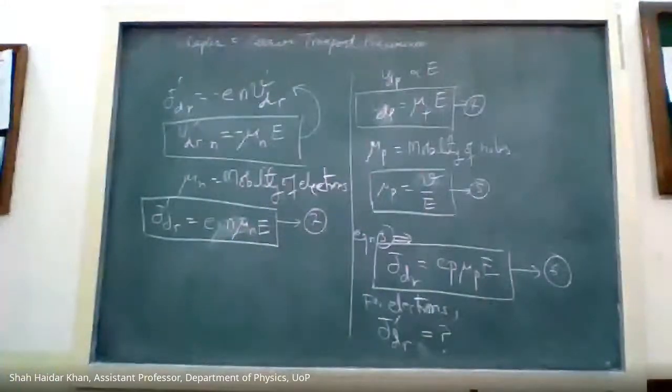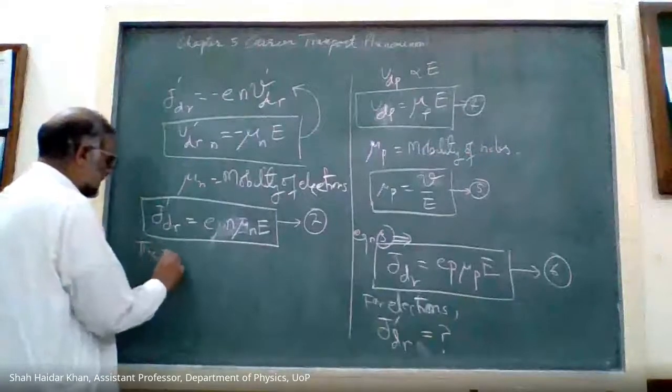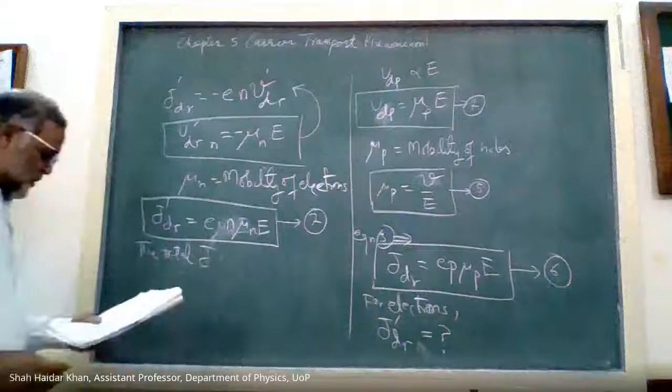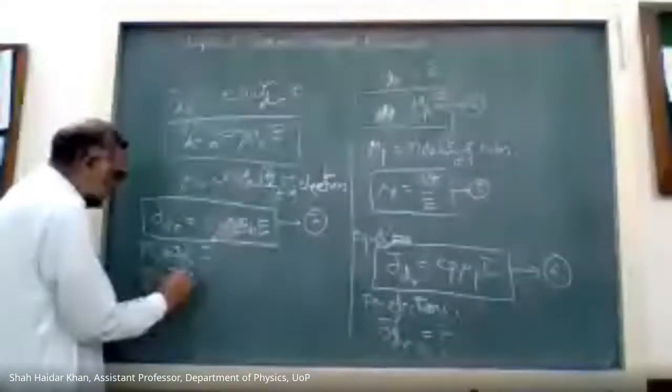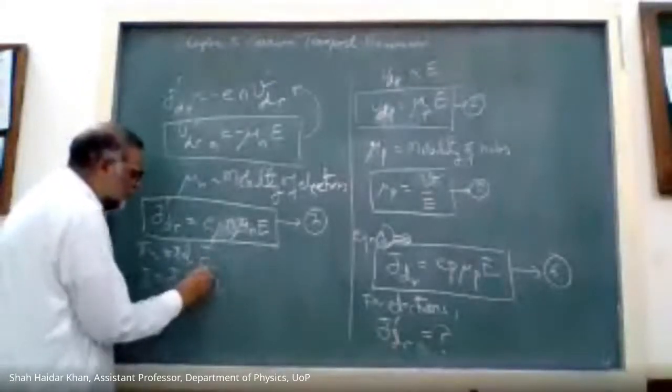So we can say that the total current density, now what is the total current density? The total J is J drift plus J drift prime.